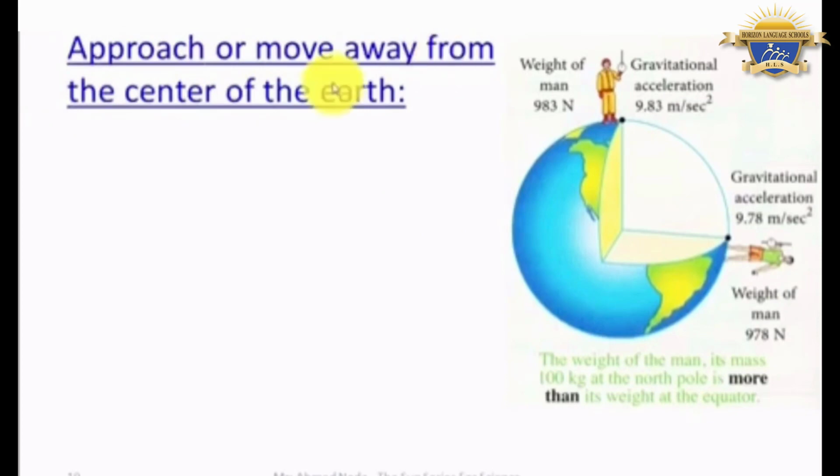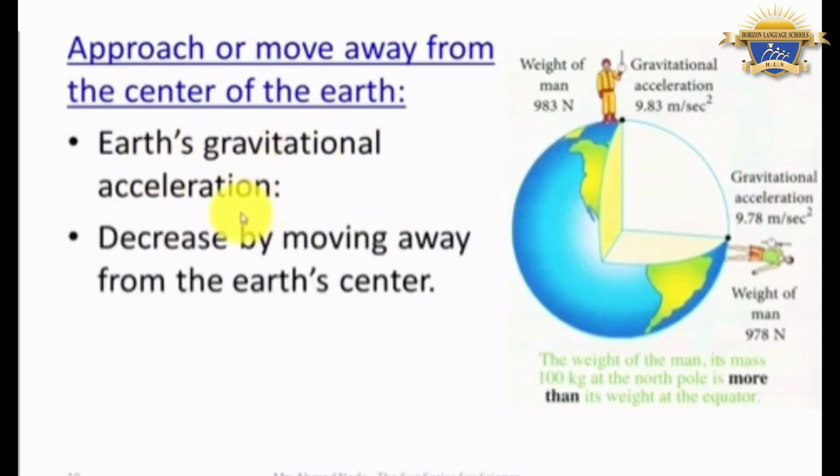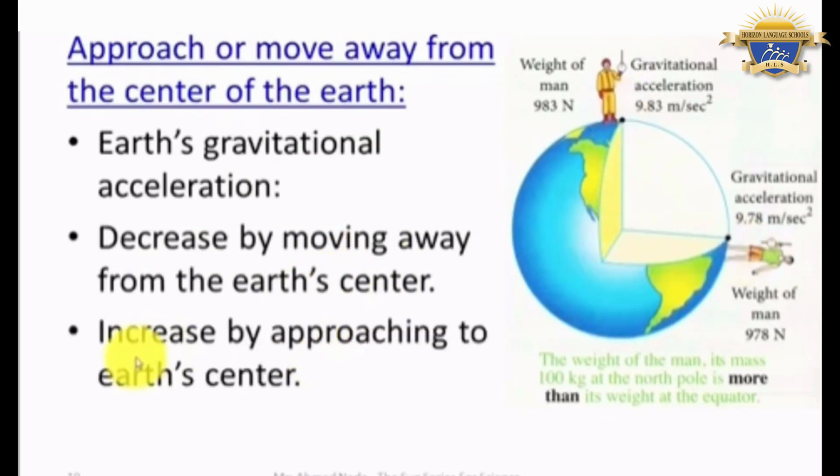So the first factor is approaching or moving away from the center of the Earth. Earth's gravitational acceleration decreases by moving away from the Earth's center and rising up from the surface of the Earth. Number 2, it increases by approaching the Earth's center and getting down towards the surface of the Earth.